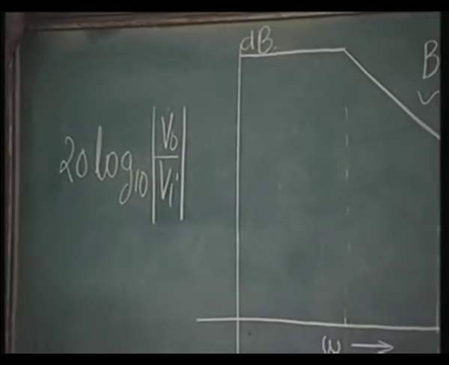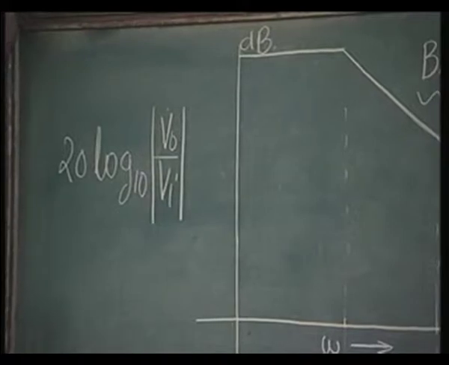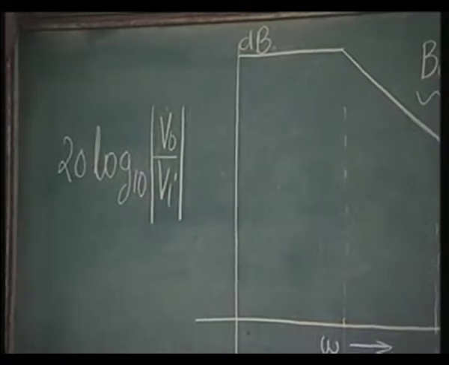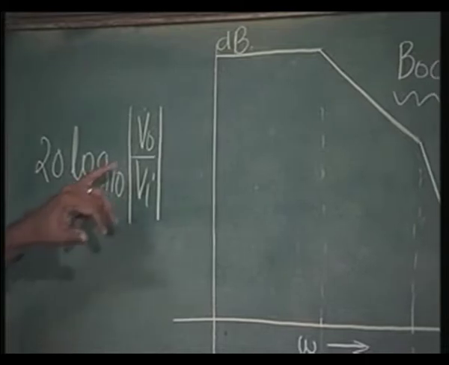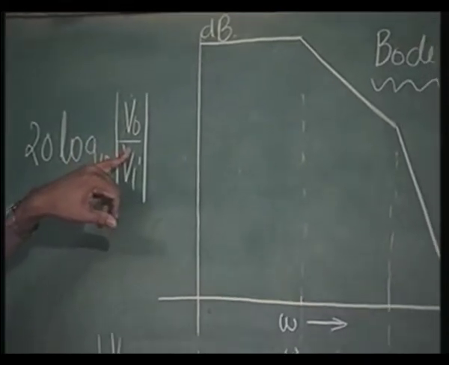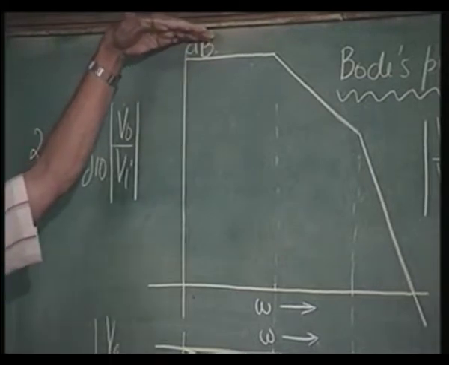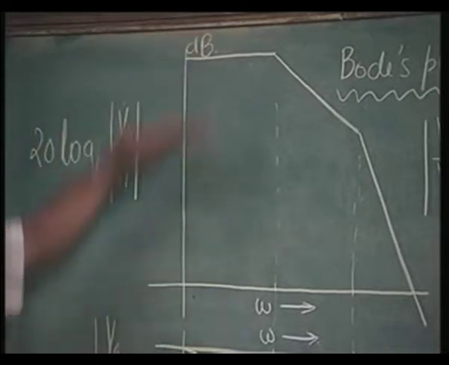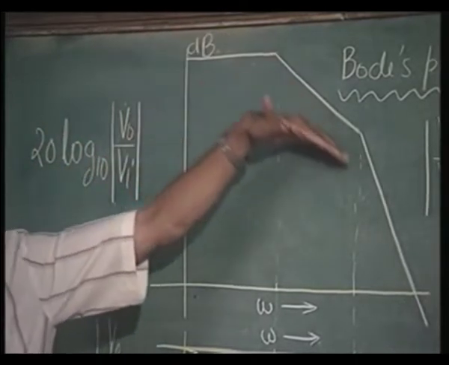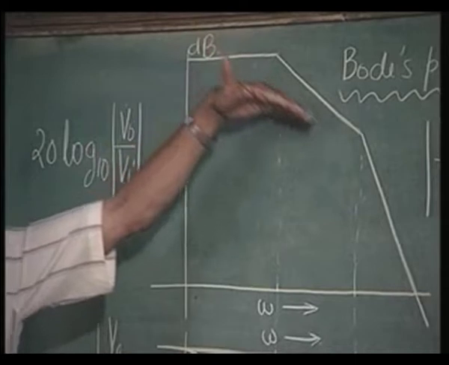Suppose K naught is 100, then this is going to be 20 log to the base 10 of 100, which is nothing but 40 decibels. So, this will start with 40 decibels of gain.